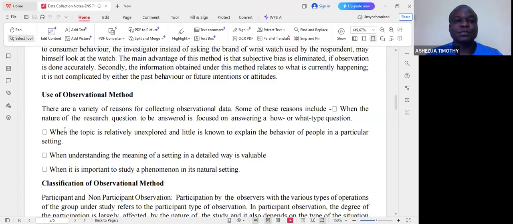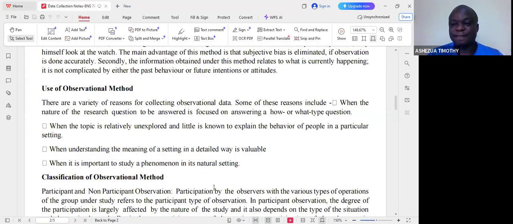One, when the topic is relatively unexplored and little is known to explain the behavior of people in a particular setting, the observational method is used. Two, when understanding the meaning of a setting in a detailed way is valuable. Three, when it is important to study a phenomenon in its natural setting, then this method is deployed.